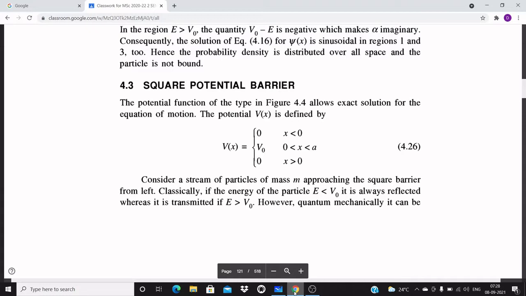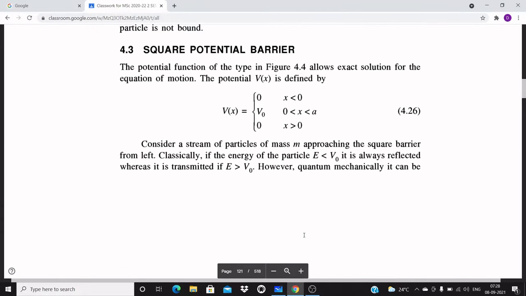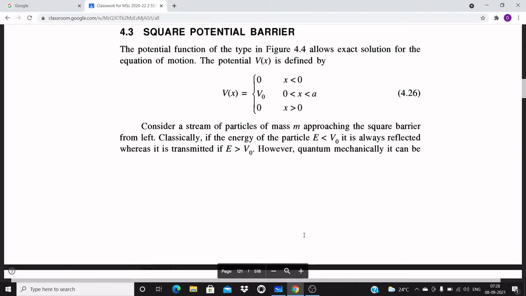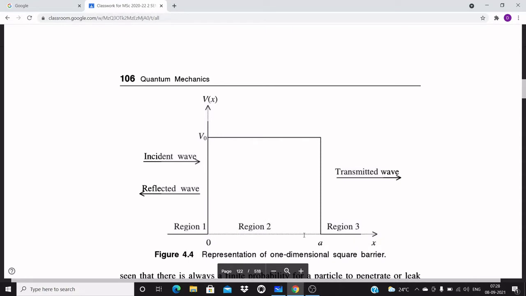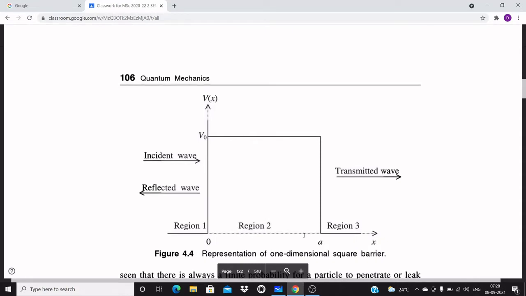So here we have the square potential barrier. I'll show you the figure. Yeah, so this is the square potential barrier. In the previous case, we had a square well potential with finite walls. So this is just the reverse of that case.